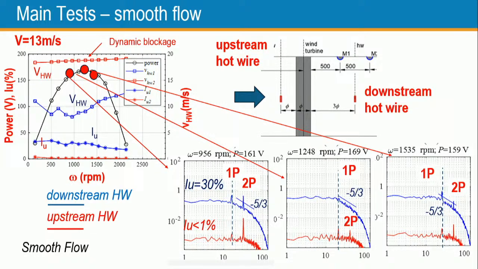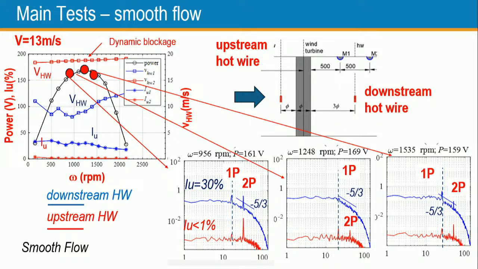This slide shows some measurements obtained by the hot wires, where here we have the measurement upstream, the red line, and downstream of the turbine, in an intermediate position of the power curve.